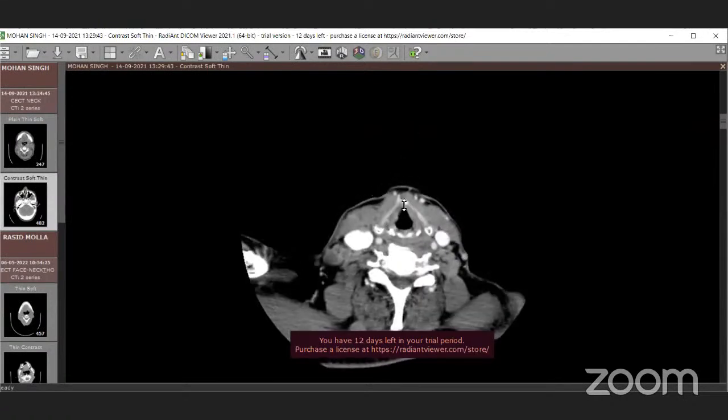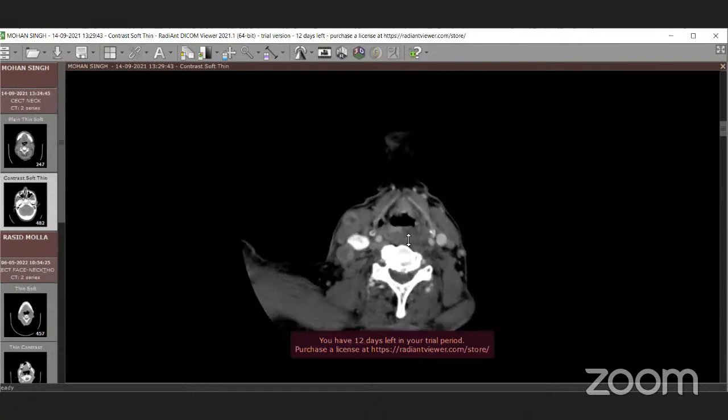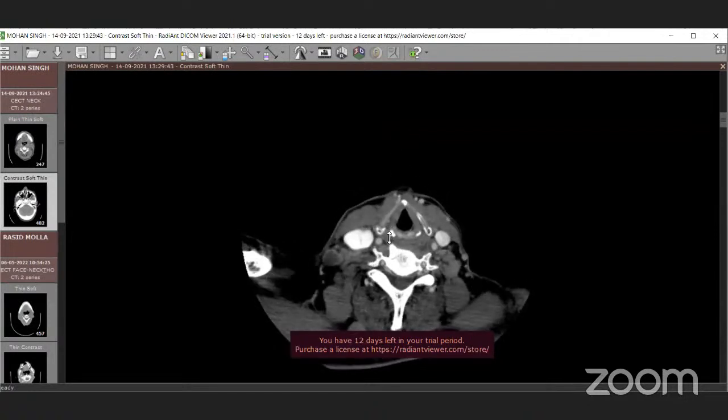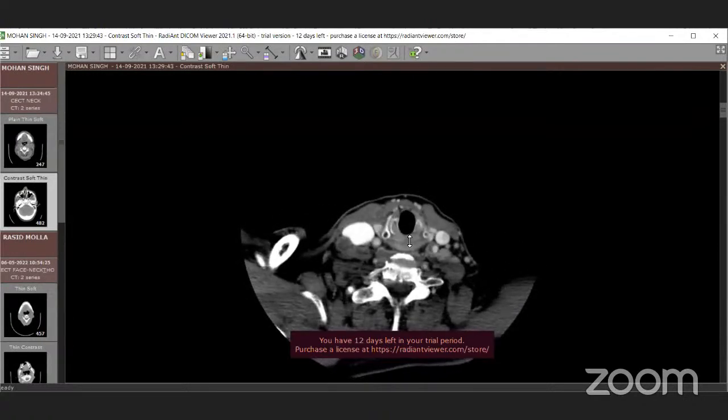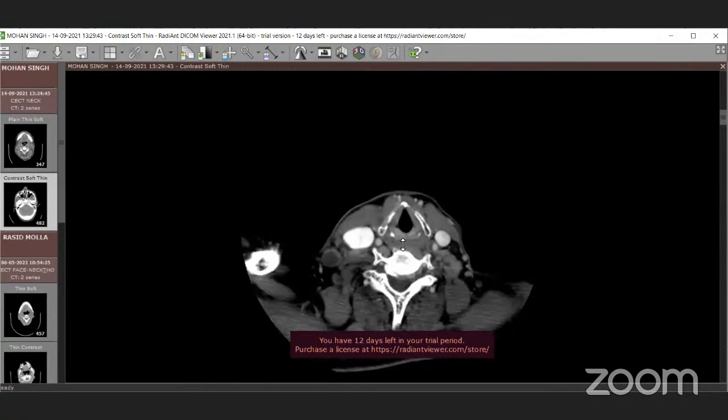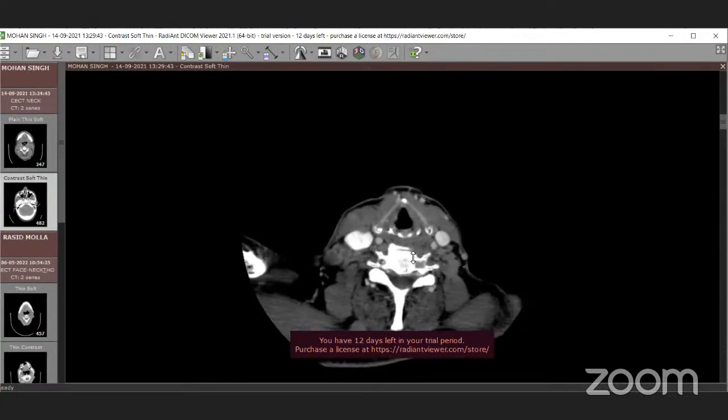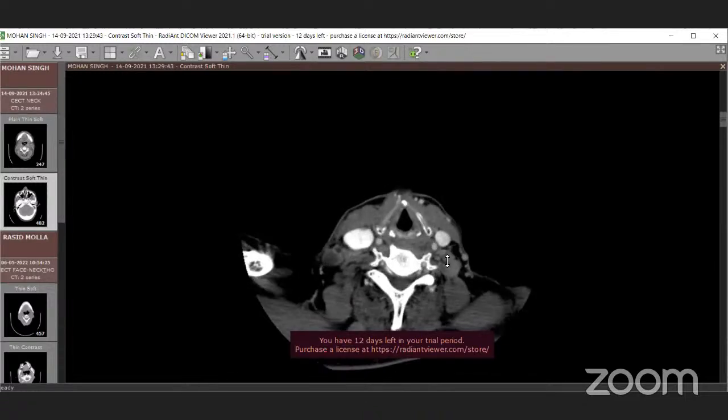Okay, and a triangular cartilage on the right and partly calcified cartilage on the left. These are the arytenoids sitting on the cricoid cartilage. This is the cricoid going up. These are the arytenoids. Okay, fine. So this is the anterior margin of the arytenoid, and from there is the vocal cord, the true cord.